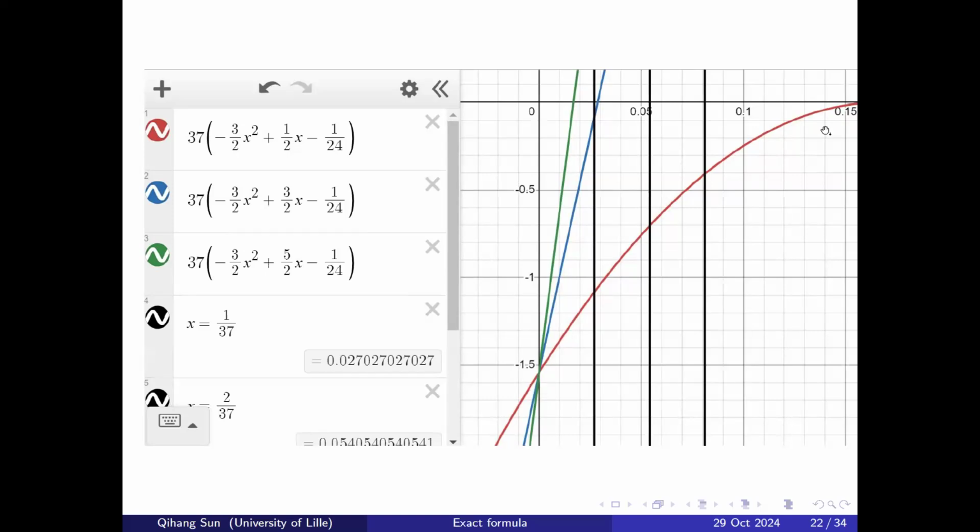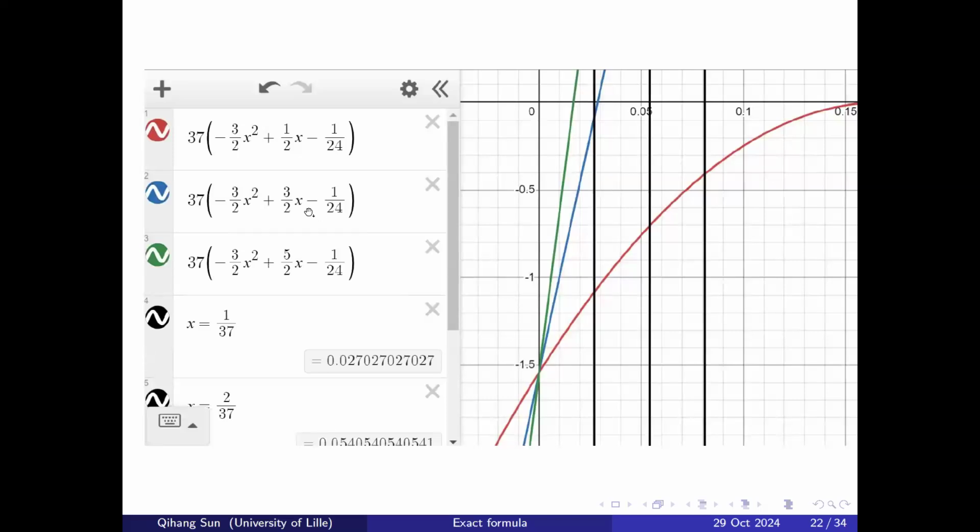And every black straight line is 1 over p. So 1 over 37, 2 over 37, 3 over 37. And intersection points here, where the y value is less than 0, are actually the correct order to be matched. The principal part, q to some power, at cusp 0 of G1. And this is the r equal to 0 case.